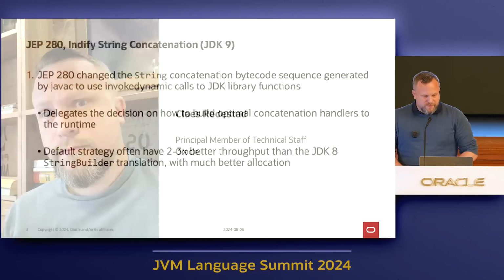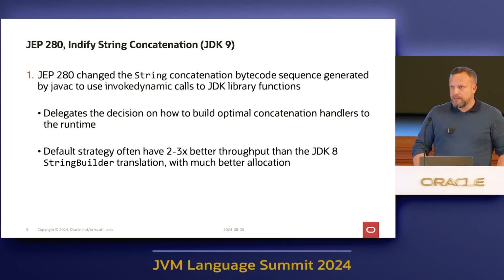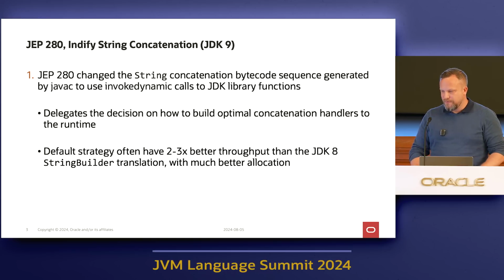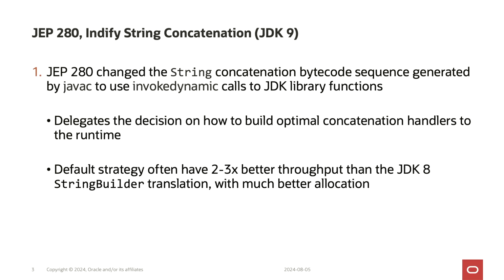So I'm a member of staff at Oracle, and I've been working on performance stuff for 11, 12 years now, mostly doing benchmarking and helping out with the various features to do them. One of the things that I started working on quite some years ago was the indy-based string concatenation JEP that went into JDK 9.